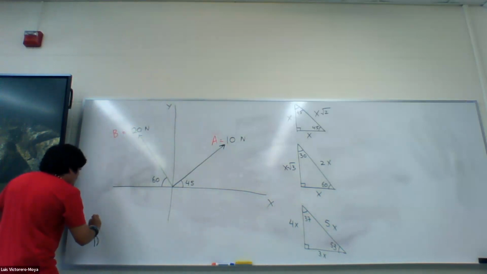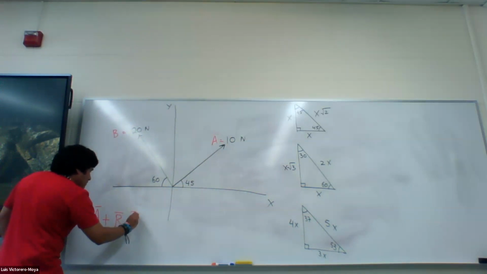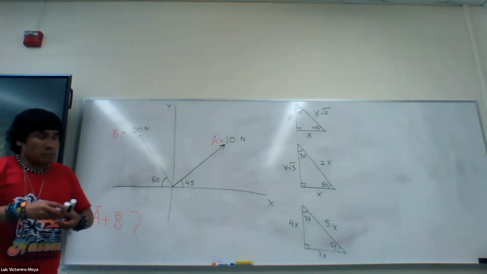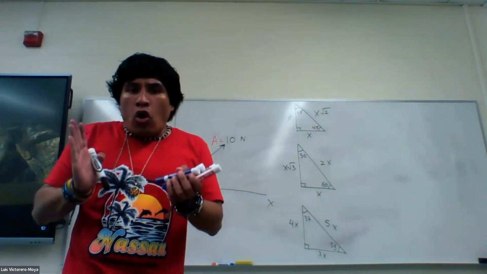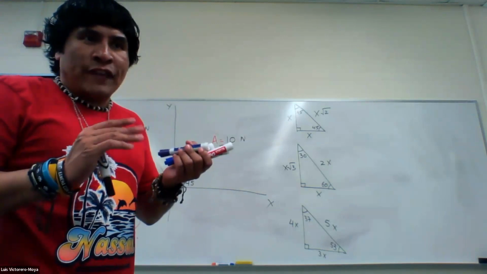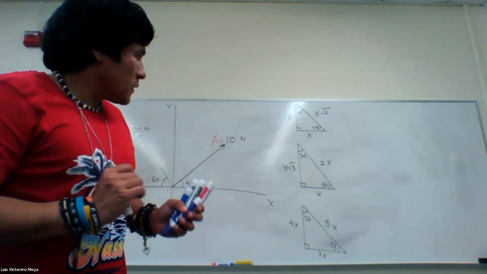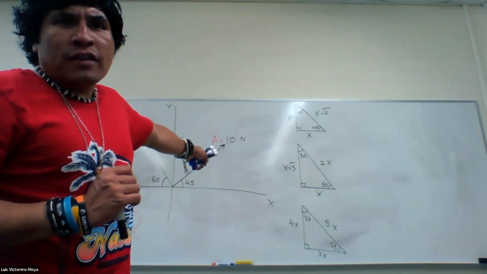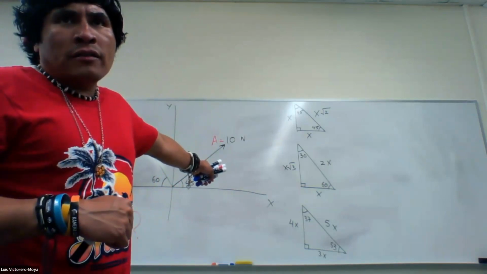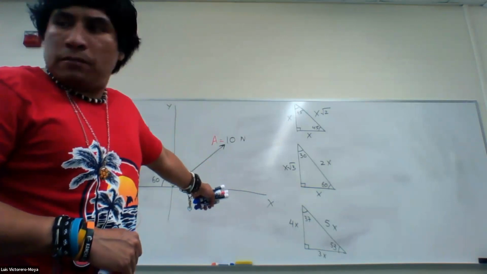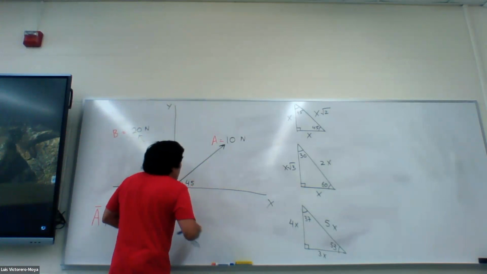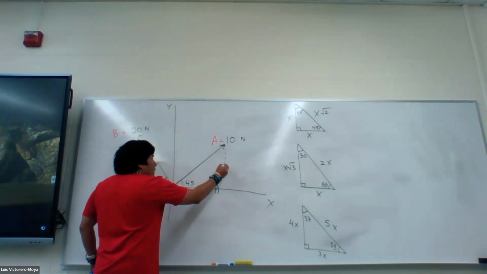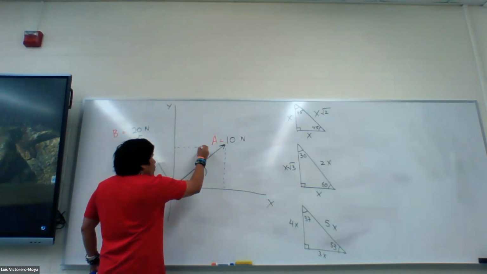So if I want to find vector A plus vector B, what you will have to do is, since the vectors are not on the axis, but now they are making an angle with the x and y axis, you have to break each vector into components, add the components, and then find the answer of it. So the way you do this is by breaking the vector into components.